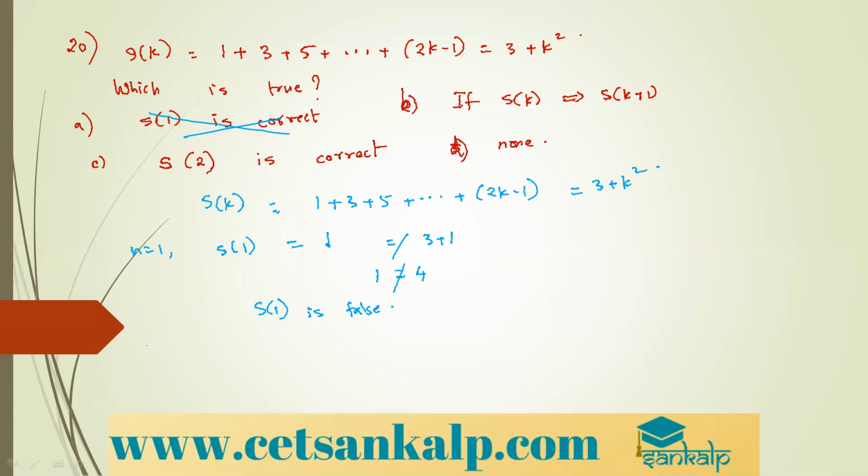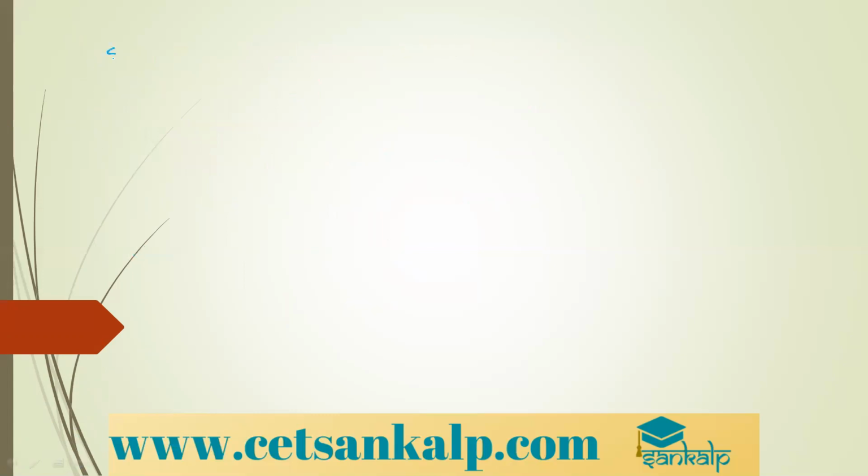Next, second option I will see. I will show this on the new page because there is no place. If S of K is true, that means I have to write S of K as 1 plus 3 plus 5 up to 2K minus 1, and that is equal to 3 plus K square. If I write like this, and I will say it is true, then I have to show S of K plus 1 is true or not.